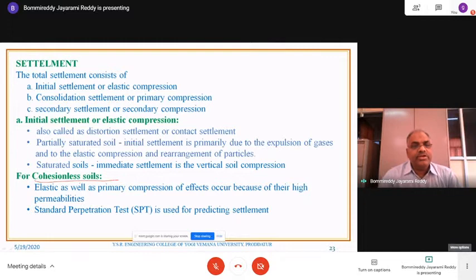This entire consolidation discussion so far is only for the cohesive soils. For cohesionless soils, some other methods are to be adopted, particularly the standard penetration test for predicting the settlement of the soil.